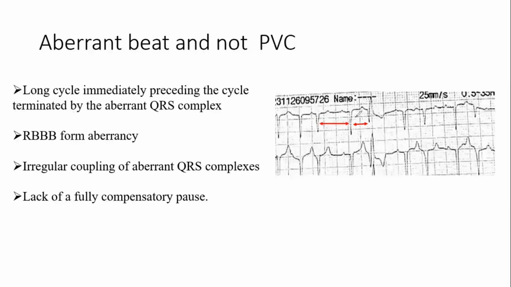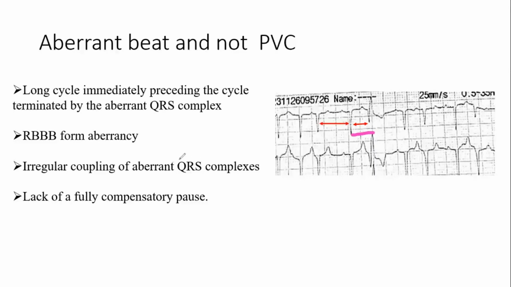So irregular coupling interval means that if it's atrial fibrillation or atrial tachycardia, there's a chance that this beat and this beat are, let's suppose, 200 milliseconds apart. The next beat which shows this phenomenon might have an interval of 240. The next beat will show 260, but with the same long-short sequence.